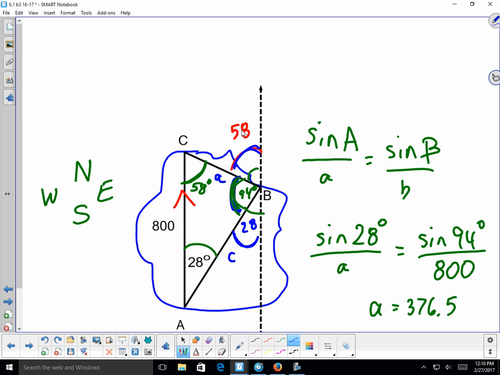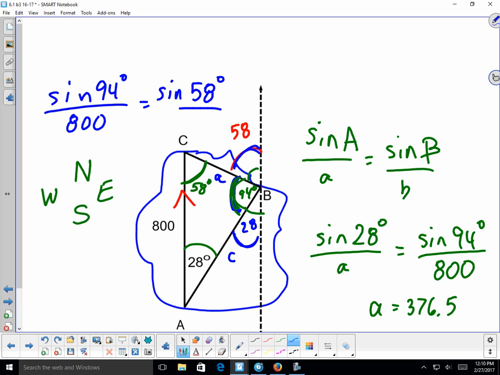Sine of 94 over 800 equals sine of 58 over C. Everybody agree with that? And then when you cross multiply here, you said you got C equaling what? Oh, I just did 800 sine 58 over sine 94.